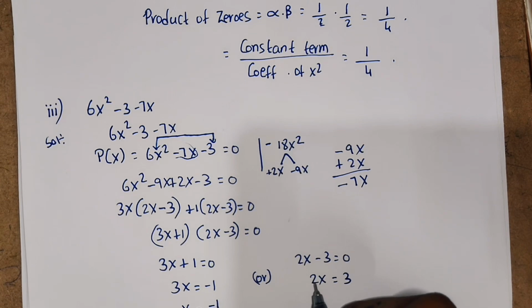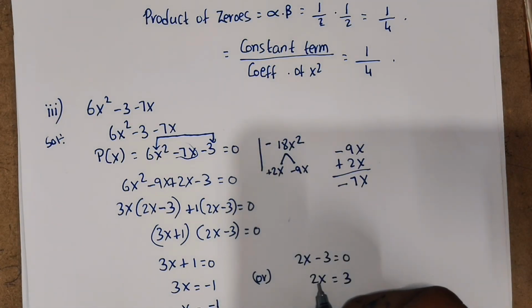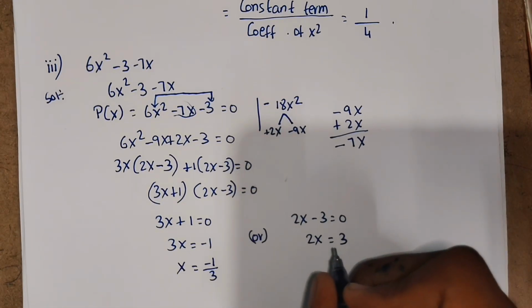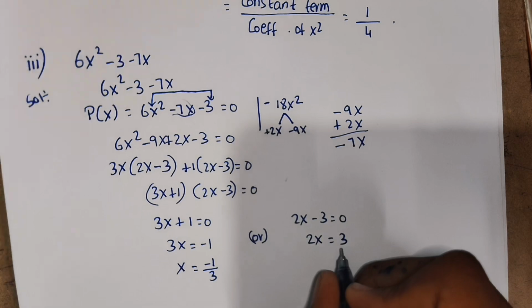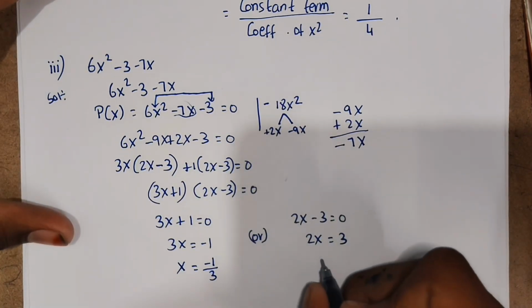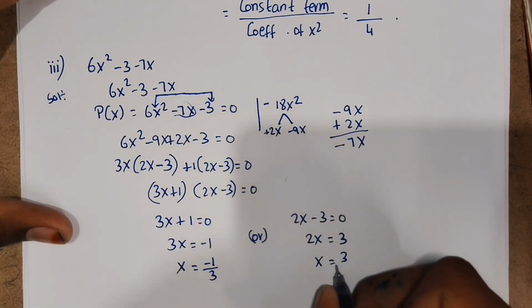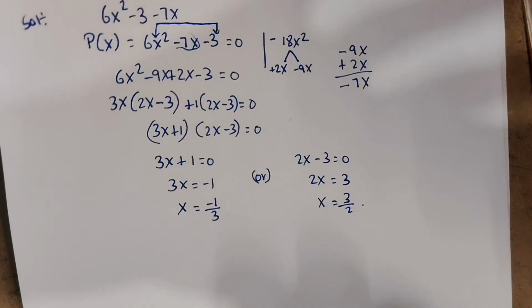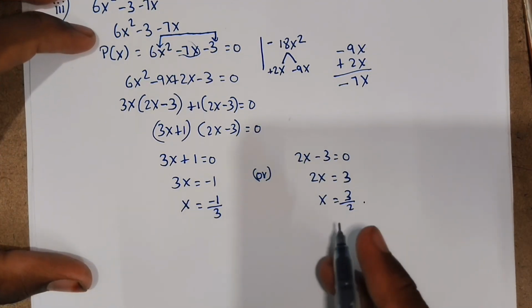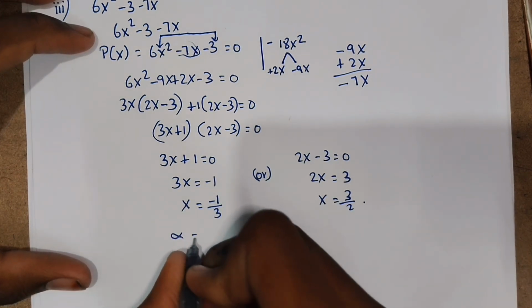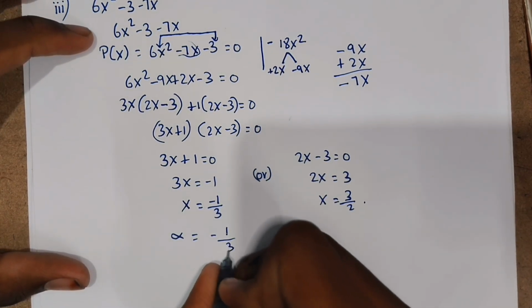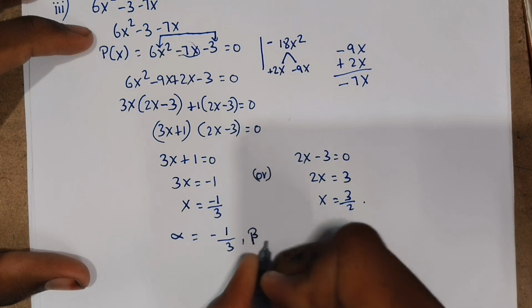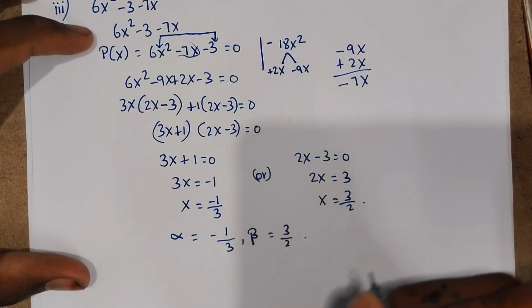Here 2 is multiplied by x; if we transfer 2 to the right side of the equation, it will become x equal to 3 by 2. So here we got the two zeros. Let us take alpha is equal to minus 1 by 3, beta is equal to 3 by 2.